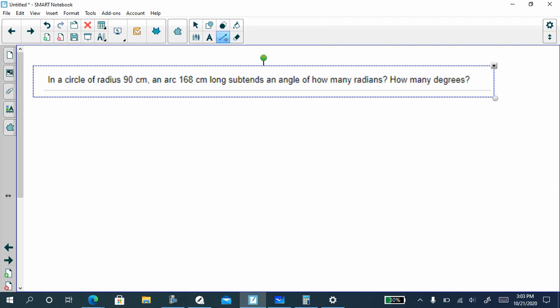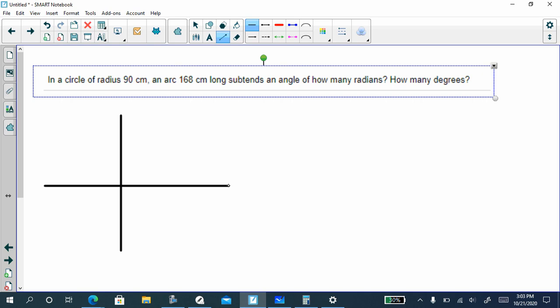So often we're dealing with things that are unit circles. But not every circle has a radius of 1. So here we're told we have a circle that has a radius of 90 centimeters.